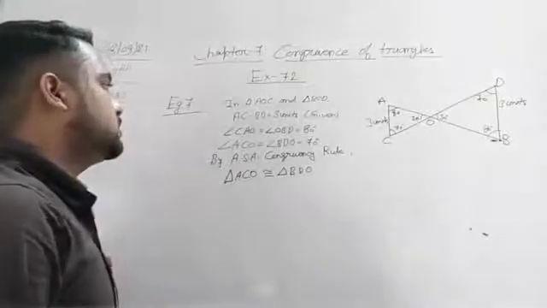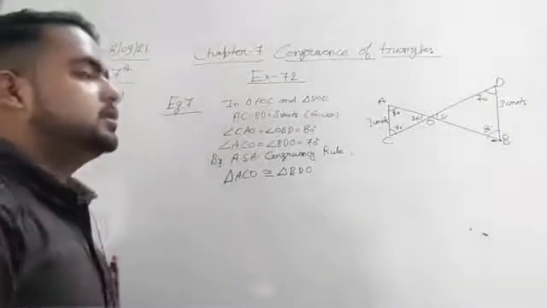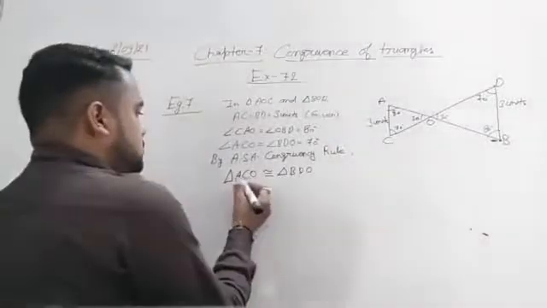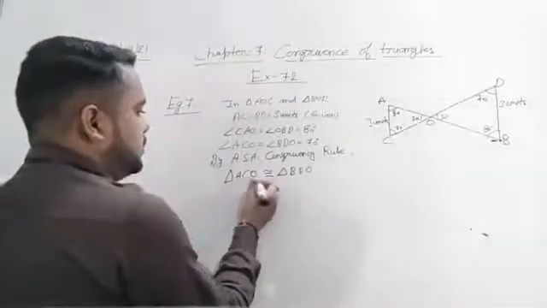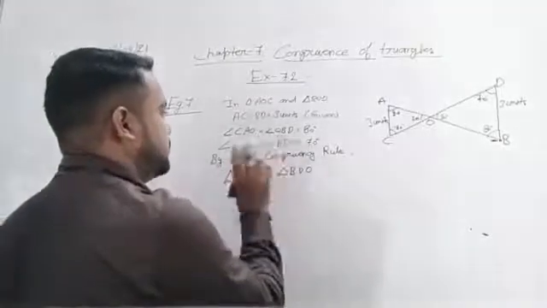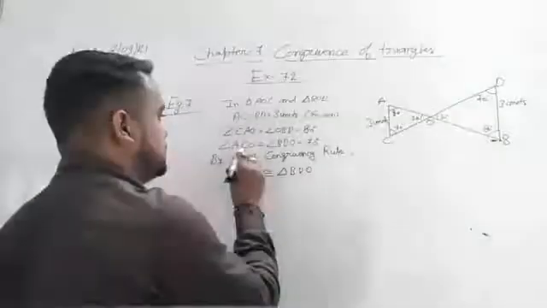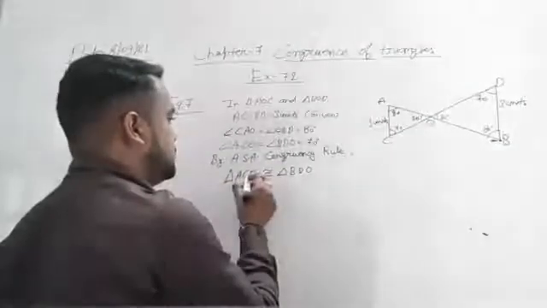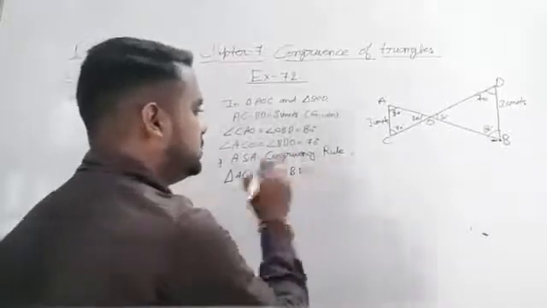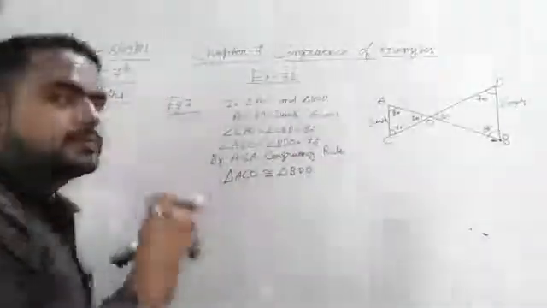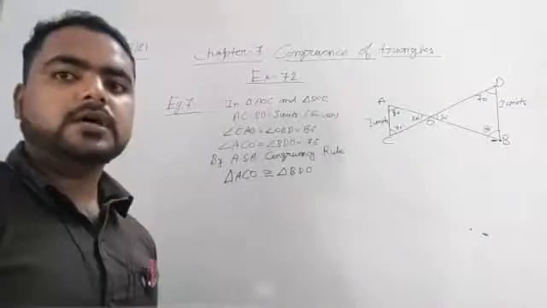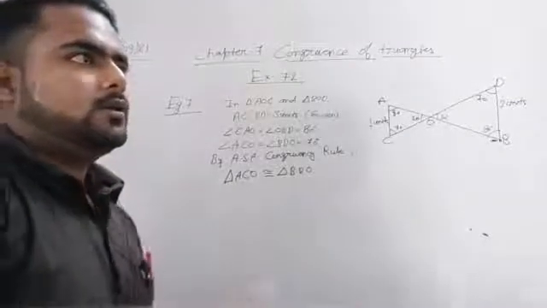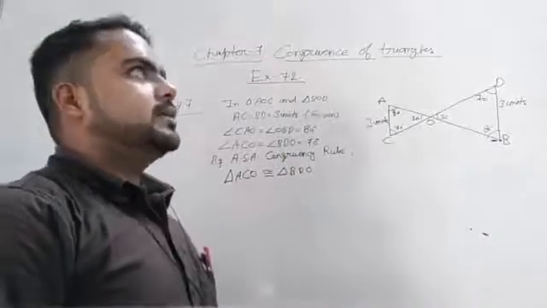Now we will check whether the corresponding parts of these two triangles are written in the correct form or not. Here angle A, angle B, angle A, angle B, okay, it is correct. Now angle C should be equal to angle D. So angle C is equal to angle D. So it is written in the correct form. All the corresponding parts are written in the right manner.